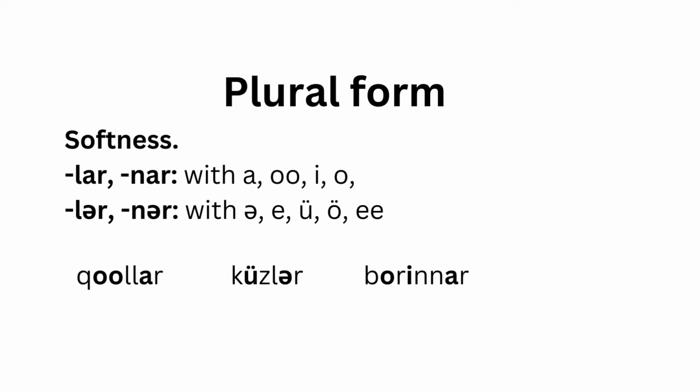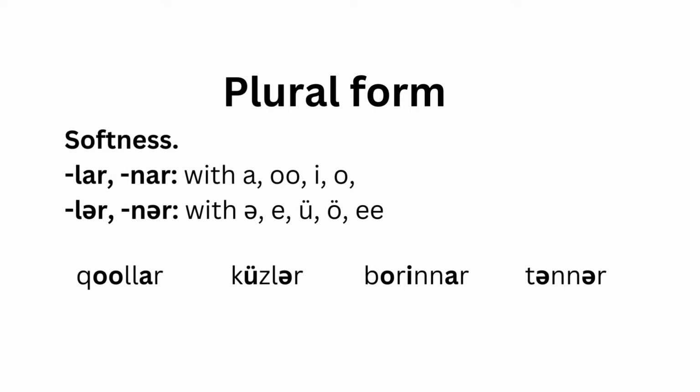Küzler. Burun, u and u are both hard vowels, that's why we add nar at the end of the noun. And irin, i is a soft vowel, that's why we add ner at the end, so it's irinner.